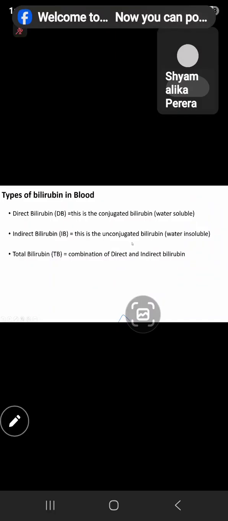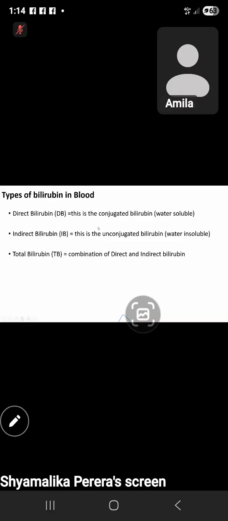Bilirubin in your blood can be divided into three groups: direct bilirubin, indirect bilirubin, and total. Direct bilirubin means the total amount of conjugated bilirubin. Conjugated bilirubin is water soluble.